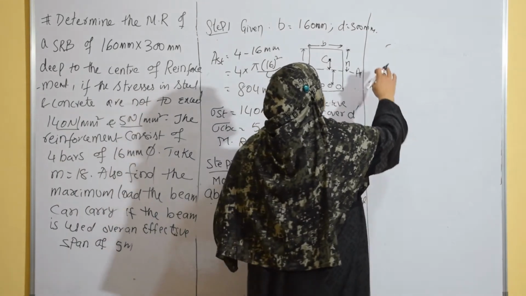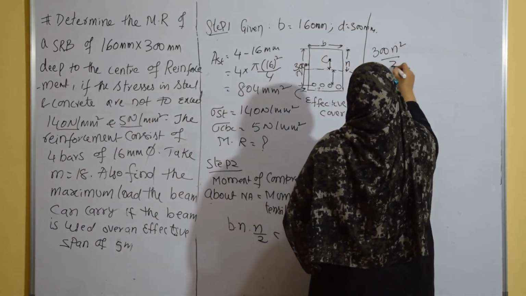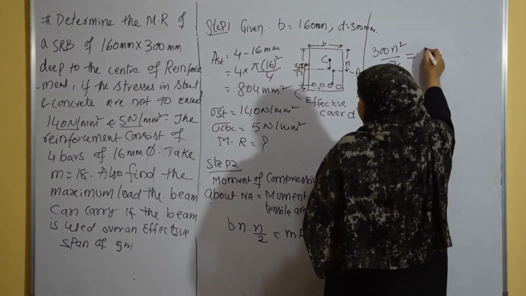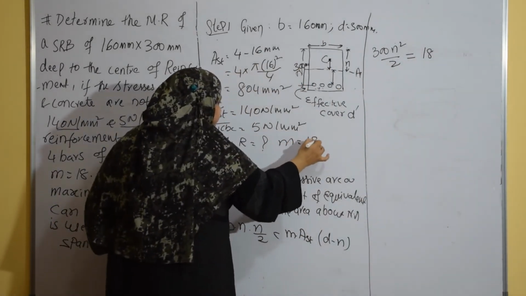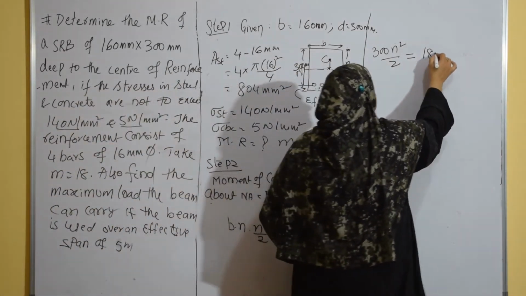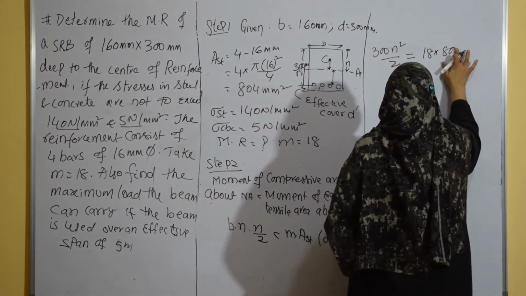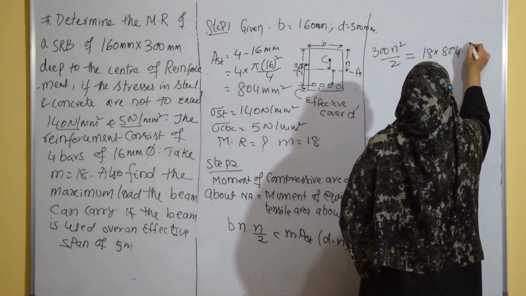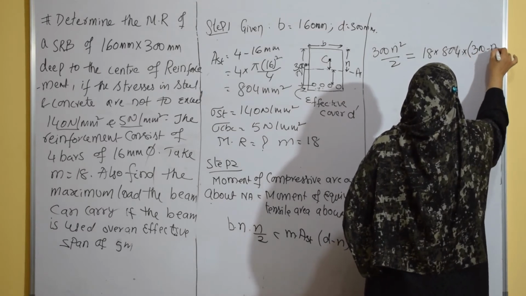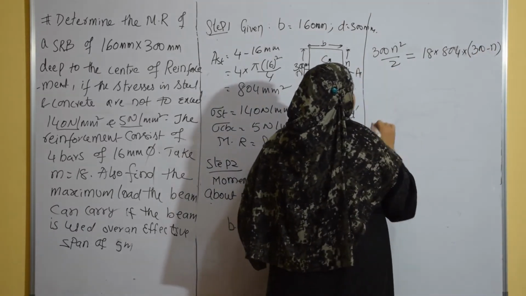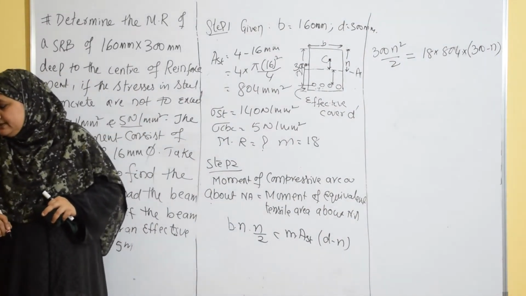So just substituting, 300 N square by 2 is equal to M, which is given as 18, into the area of steel, which you have just now calculated, 804, into D minus N, where D is 300 minus N. Okay, you have to solve this equation.